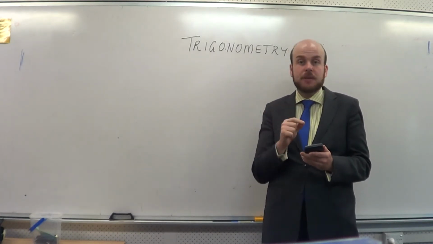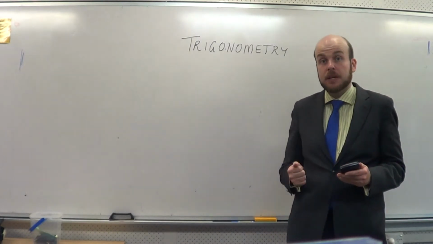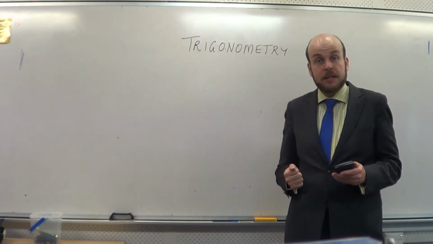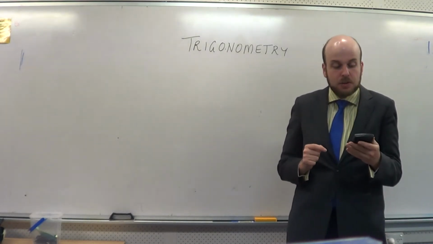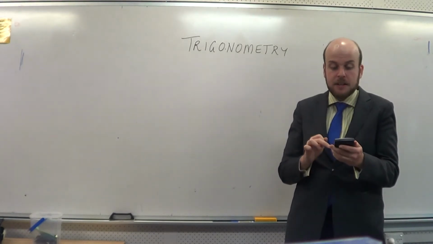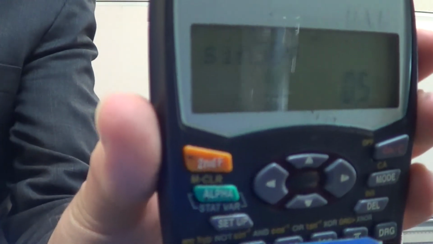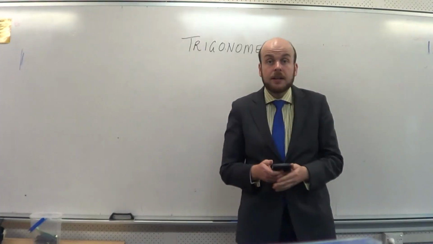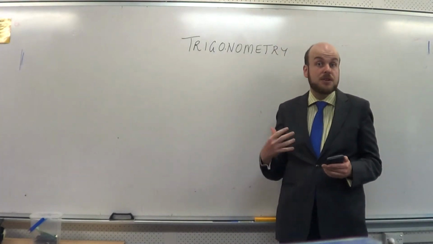It must be in degrees. Radians is another form of degrees that we use later on. We talk about those in Year 11 and Year 12, but right now we'll be just using degrees. So if I type in sine 30, it comes up with 0.5. So that has already told me the answer, and I can use that to find unknown sides.